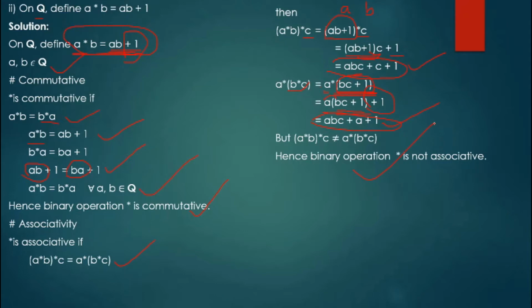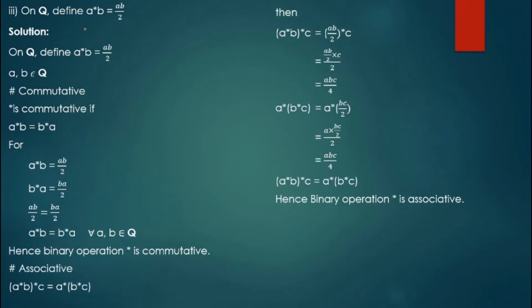Move on to the next question. Third sub-question: on Q define A star B equal to AB by 2. Make a note, if the operands, our terms, are in product form, then usually they are commutative. Okay, but still I'll explain.